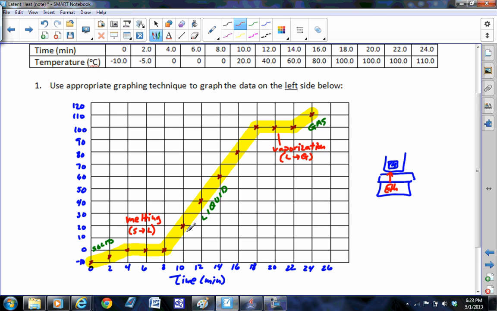Now, once the bonds are broken, the particles are moving around, and then what happens is they increase their kinetic energy up until we hit 100 degrees. And at that point, we're going to have the liquid changing into a vapor. So we're going to have vaporization. So again, we're breaking the bonds, and while we're breaking the bonds, you notice that the temperature stays constant.